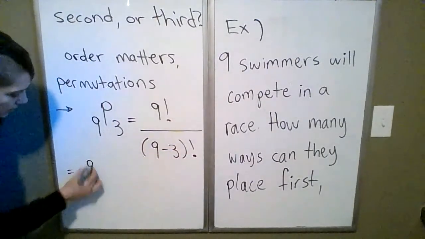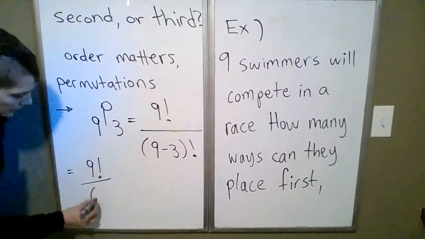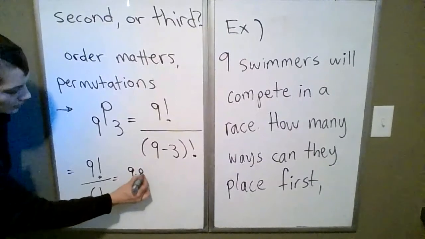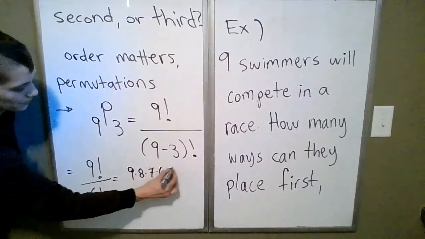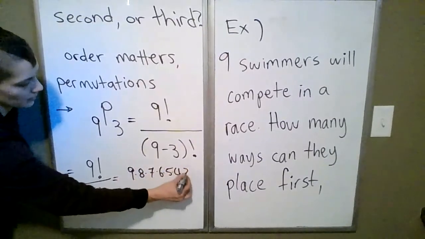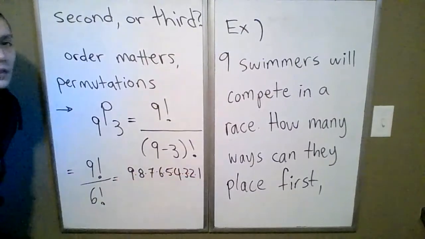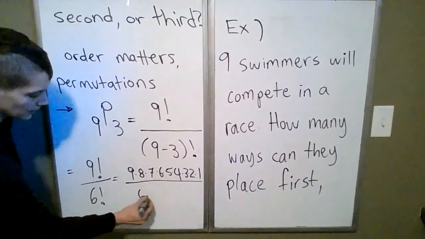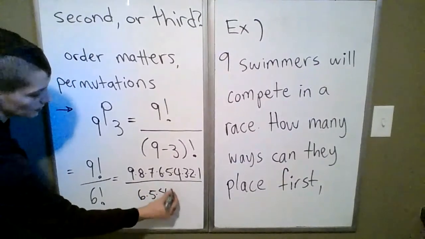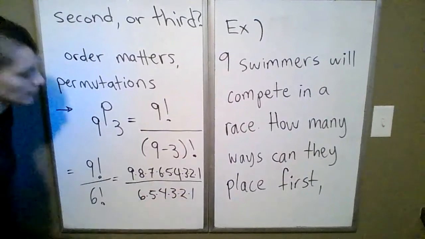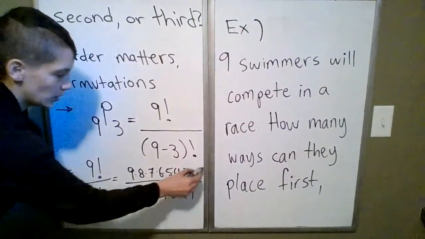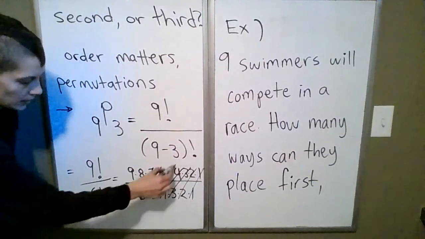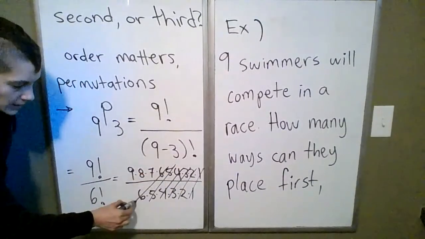We have 9 factorial over 6 factorial, which is 9 times 8 times 7 times 6 times 5 times 4 times 3 times 2 times 1 over 6 factorial, 6 times 5 times 4 times 3 times 2 times 1. Okay, there's 1 over 1 and 2 over 2, 3 over 3, 4 over 4, 5 over 5 and 6 over 6.